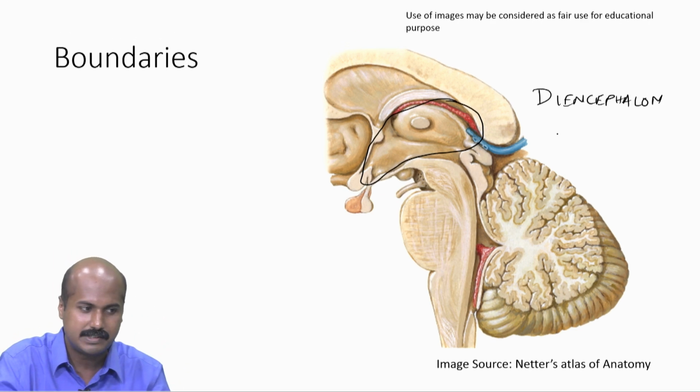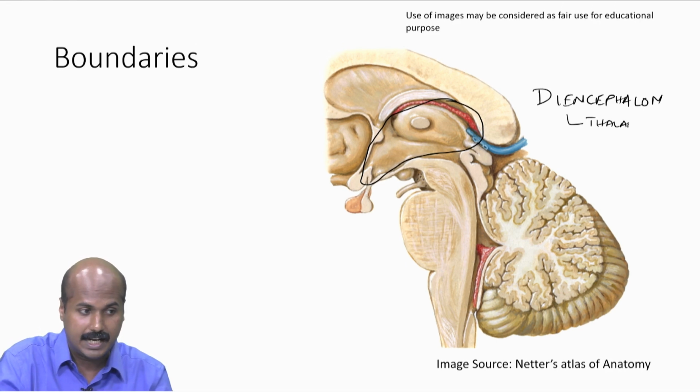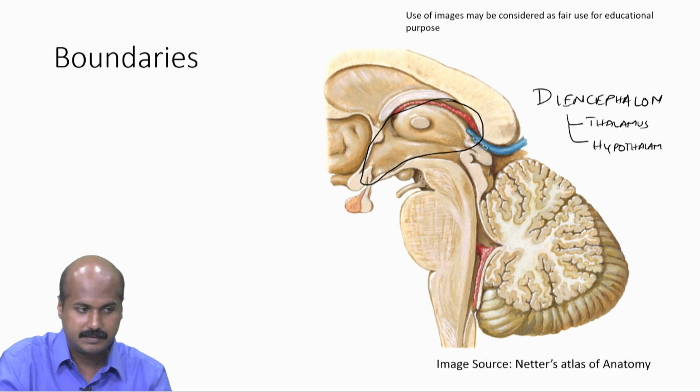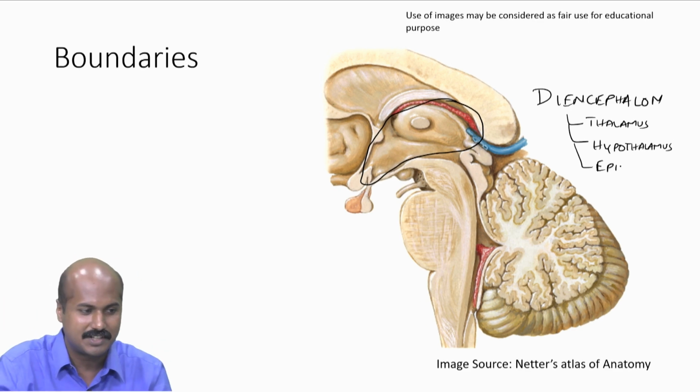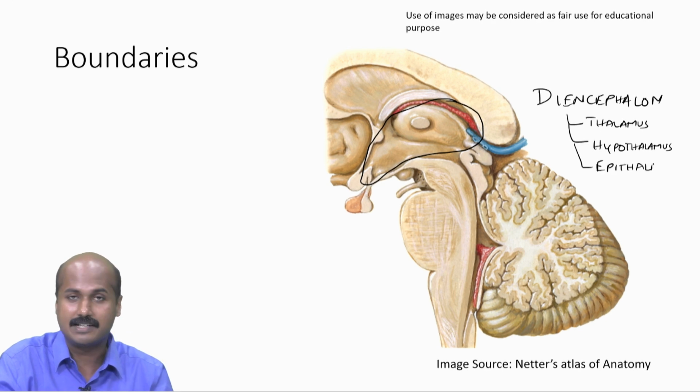So, that includes the thalamus, the hypothalamus, and the epithalamus. Okay, these are the three thalamus named structures that you can remember that are included under what you call the diencephalon.